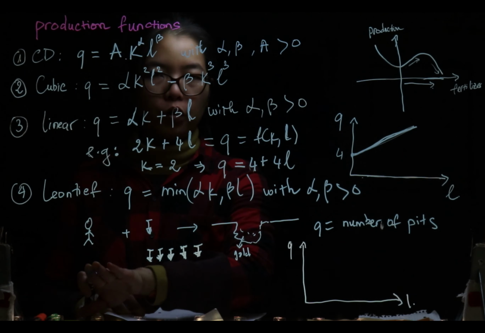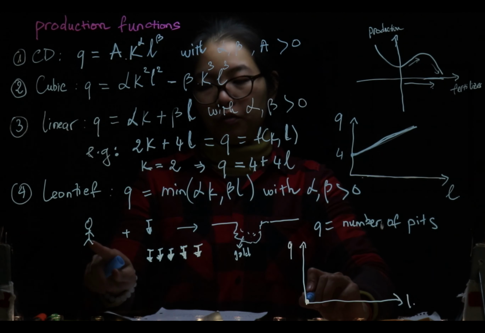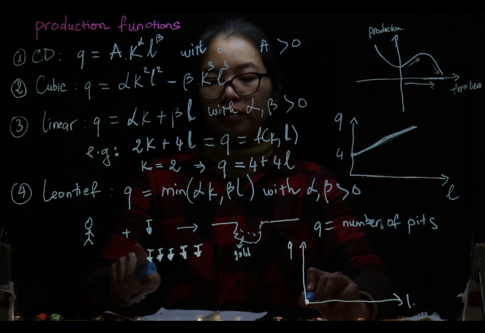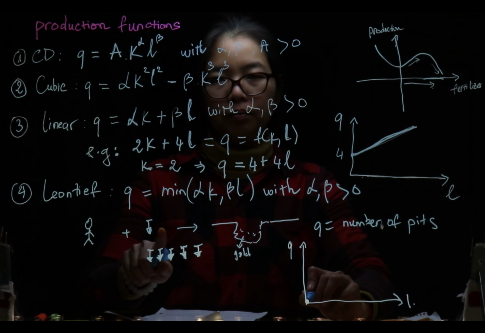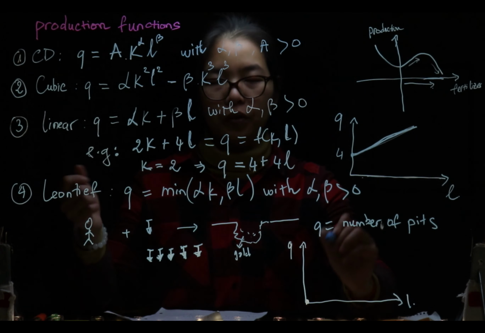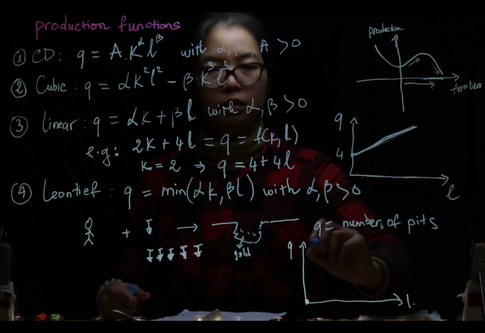What if you don't have any workers? You don't produce any pits, right? So it's here. If you have one worker, he can only use 1 spade. One person cannot use 2 spades at the same time and dig 2 pits, right?